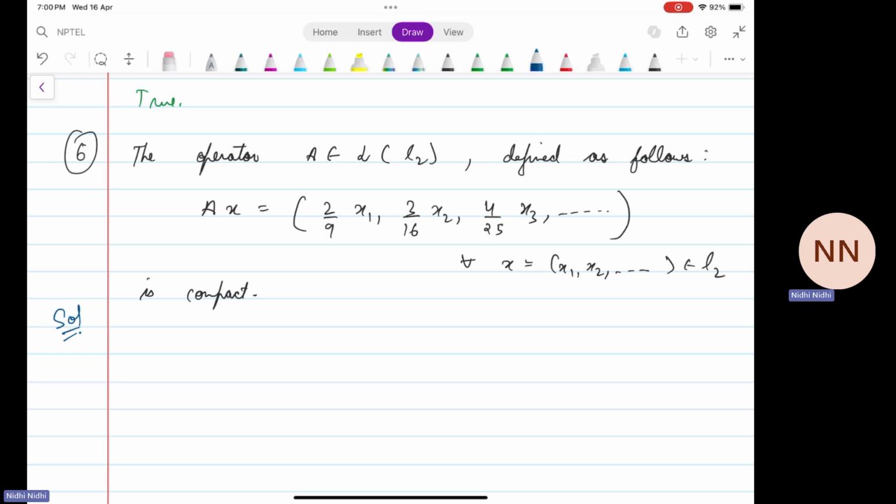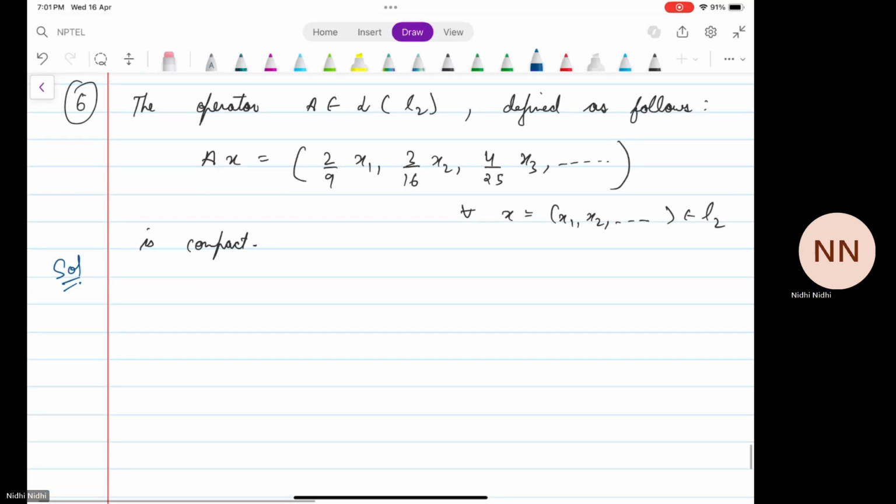We all know that if we have a sequence of compact operators and it converges in the operator norm to some operator A, then that must also be compact. That is, the space of compact operators is closed. So using this fact, we will show that this A is indeed compact.